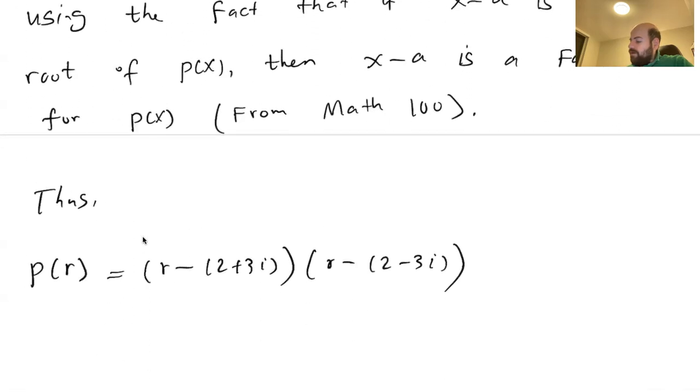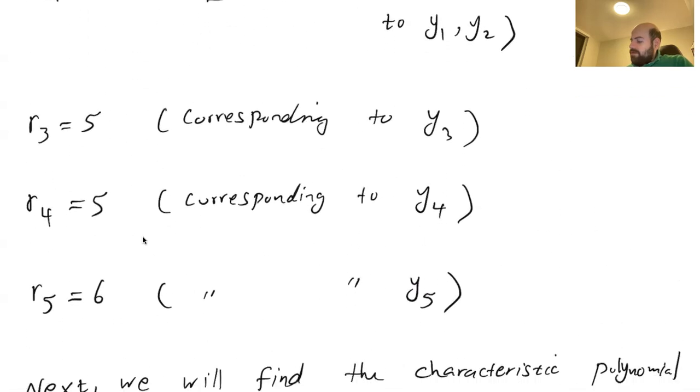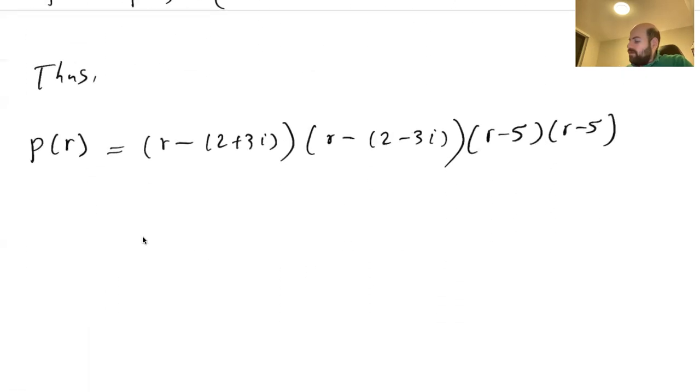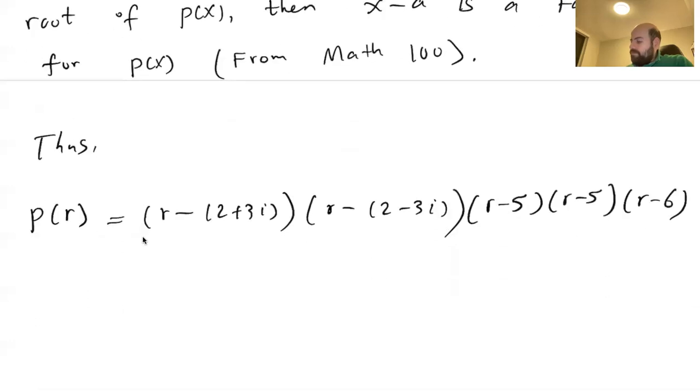So r minus 5 and r minus 5. And we also have r5 equals 6. So r minus 6 corresponding to r5 equals 6. That's it. I had 5 roots, and r minus those would be my factors, and I just need to multiply those factors. And let's see what we get.